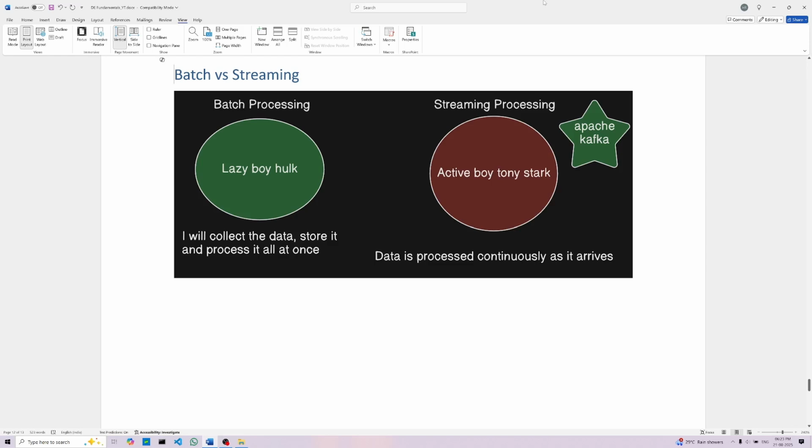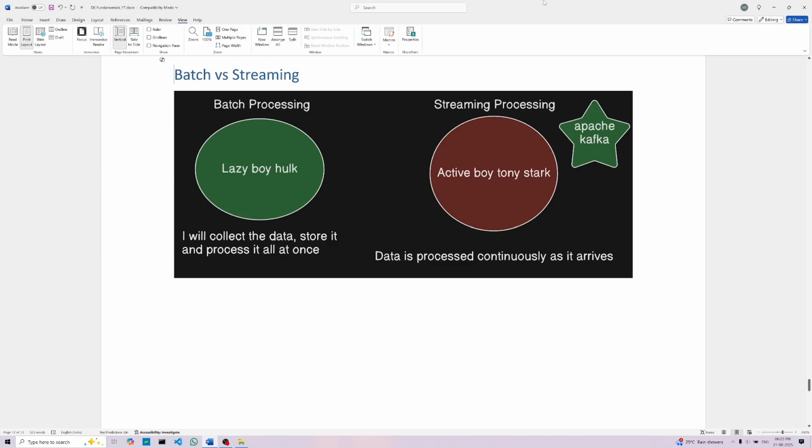First one is Hulk, second one is Iron Man, Tony Stark. The first one is very lazy. He doesn't like to work the whole day. So what will he do? Hulk says, I will collect the data, store it, and then process it all at once. He does not want to do things on time. So he will collect all the bugs and then process them at night. That is batch processing.